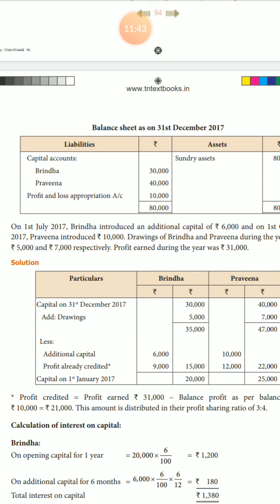Next, less additional capital. Listen students, in July, Brinda introduced 6,000, and in October, Praveen introduced 10,000 as additional capital.